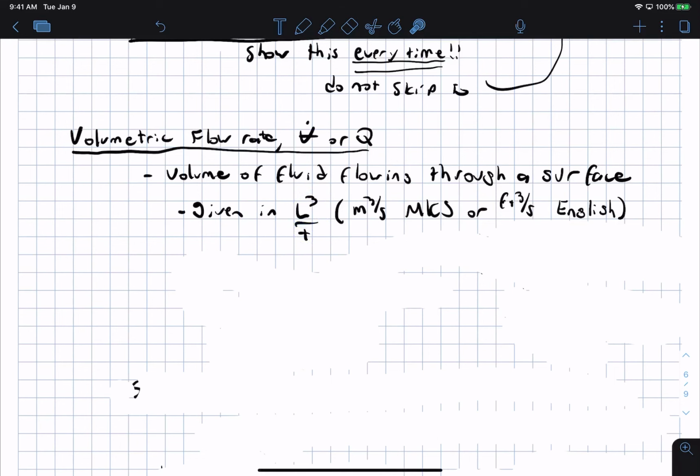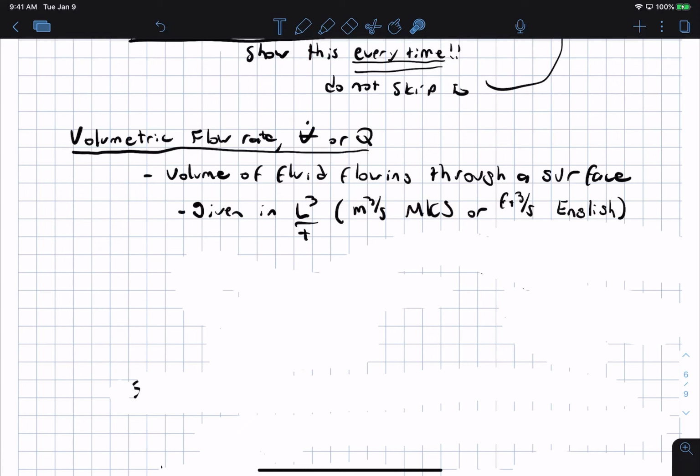It is given by meters cubed per second in MKS, or cubic feet per second in English, or maybe gallons per minute in everyday life. So if you talk about gallons per minute of your car engine, or you filling a pool or a bucket of water, that is a volumetric flow rate.